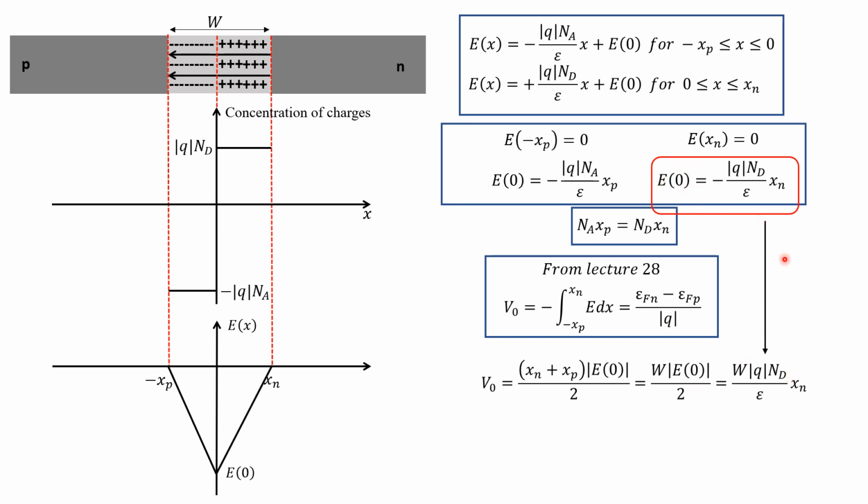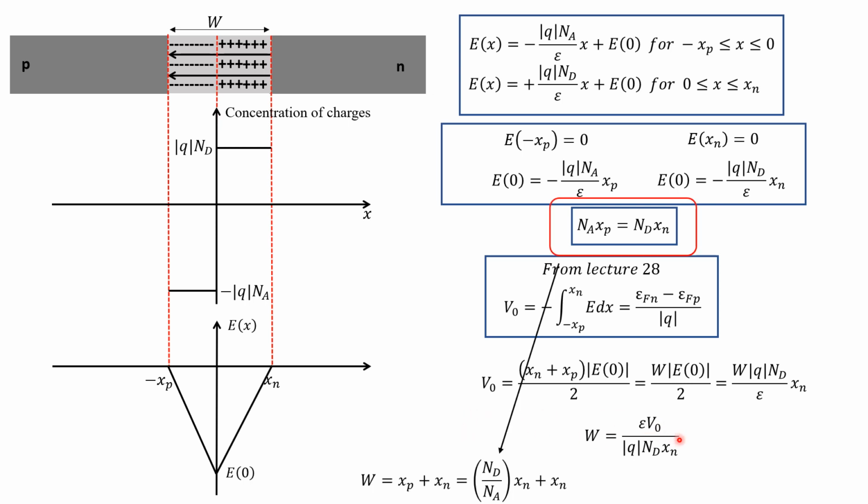From here to here we are just using this expression for the electric field, and since it's the magnitude we can lose this negative sign. Now we solve for W, the width of the depletion region, and we get this expression connecting the width of the depletion region with the electrostatic potential difference and one of the coordinates.